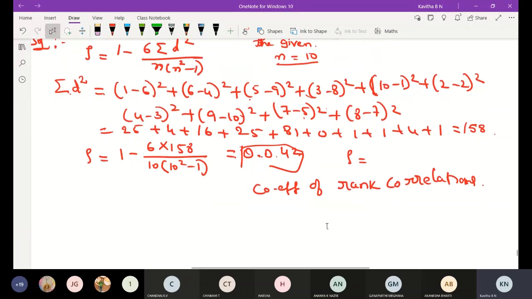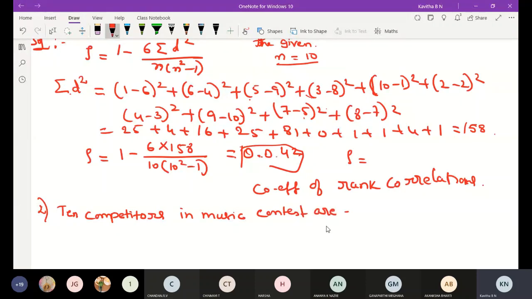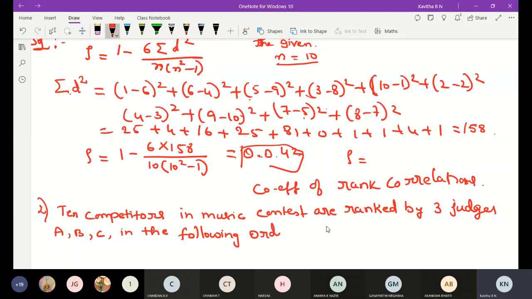Okay, then take down the next question. Ten competitors in a music contest are ranked by 3 judges A, B, C in the following order.